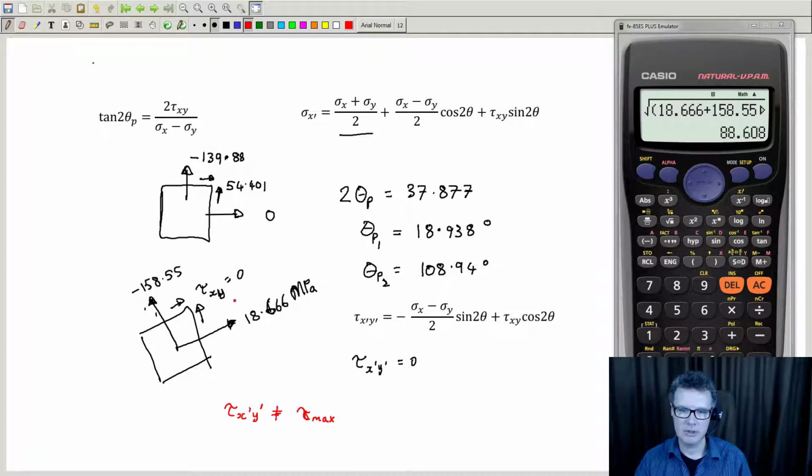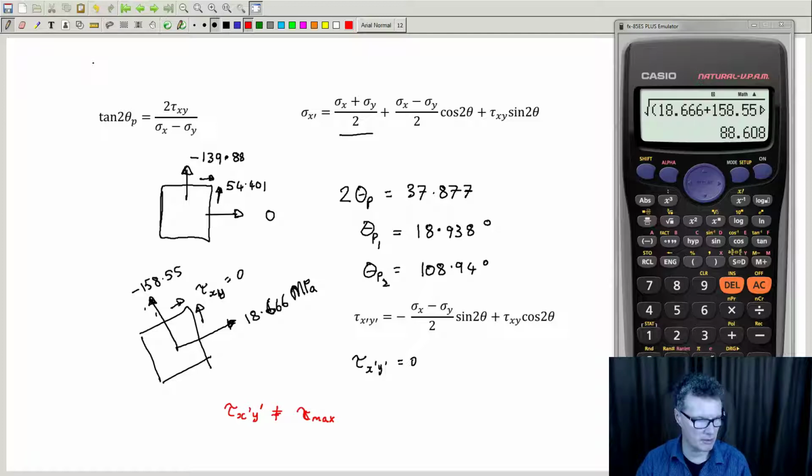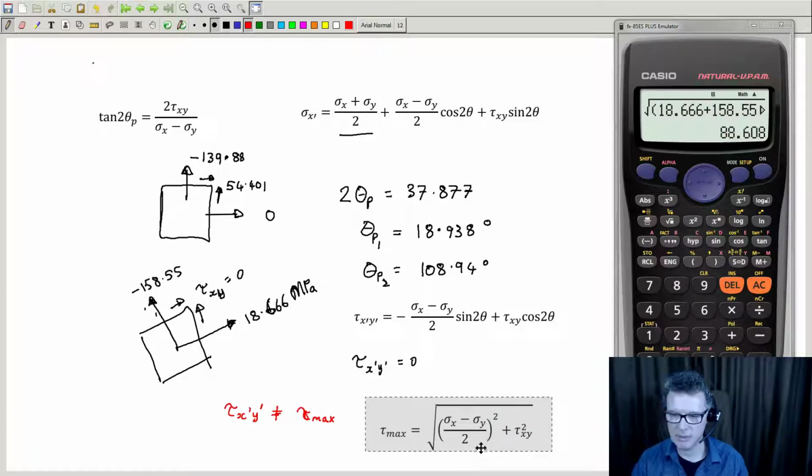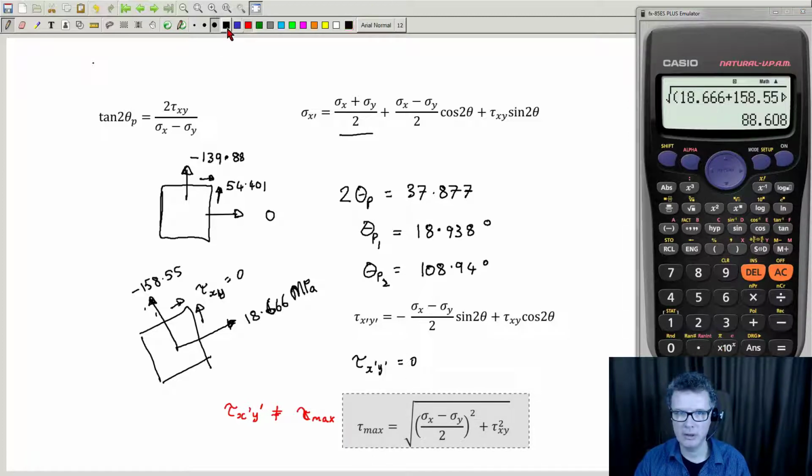Now what you could do is take these values, or rather those three values, and plug them into here, and you'll get the 88.6 answer again, where what you're doing is plugging in the shear prime and this y prime there.